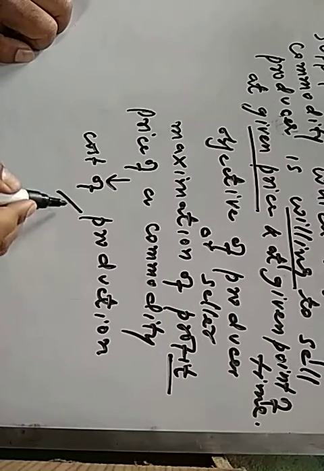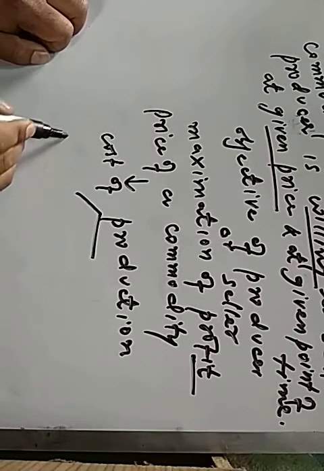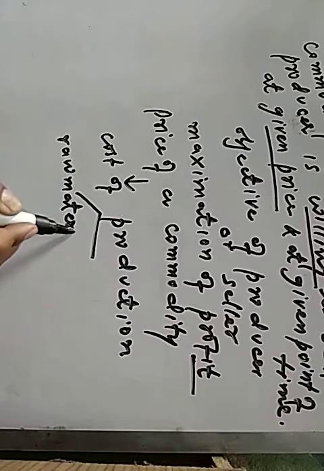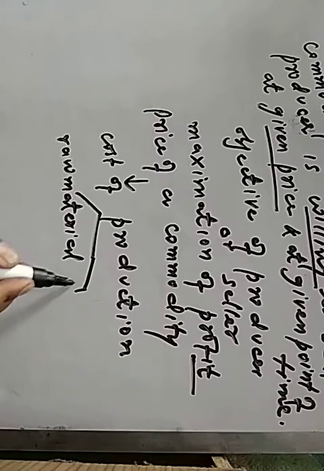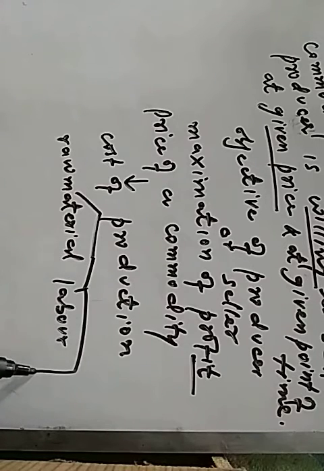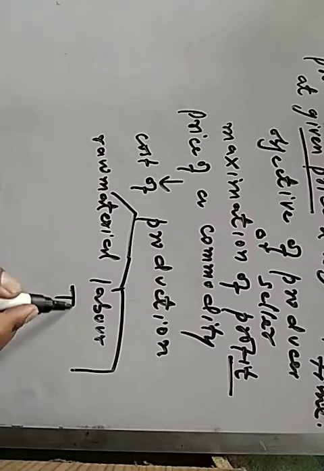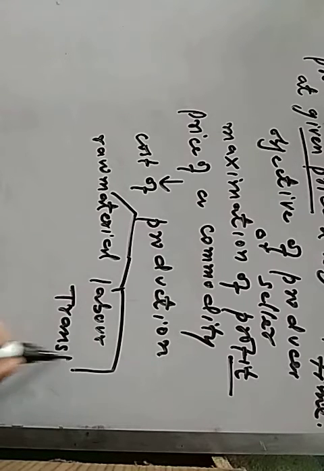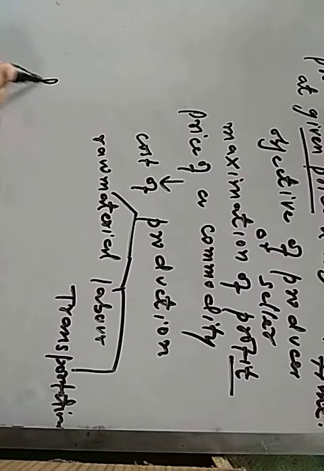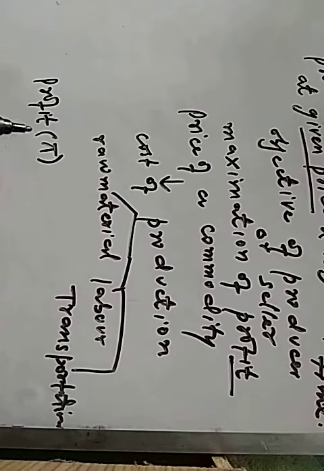Which includes cost of raw material, labor cost, transportation cost, advertising cost that is known as selling cost, etc. And profit is denoted by pi in economics.